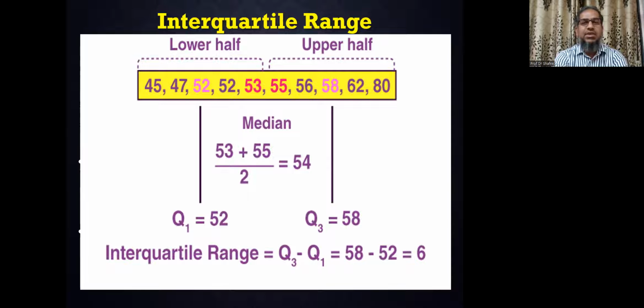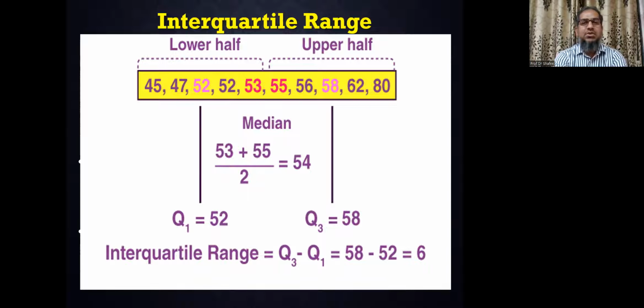So in that case, we need to take the addition of the median of the first half plus the median of the second half. Q1 is 52 and Q3 is 58.